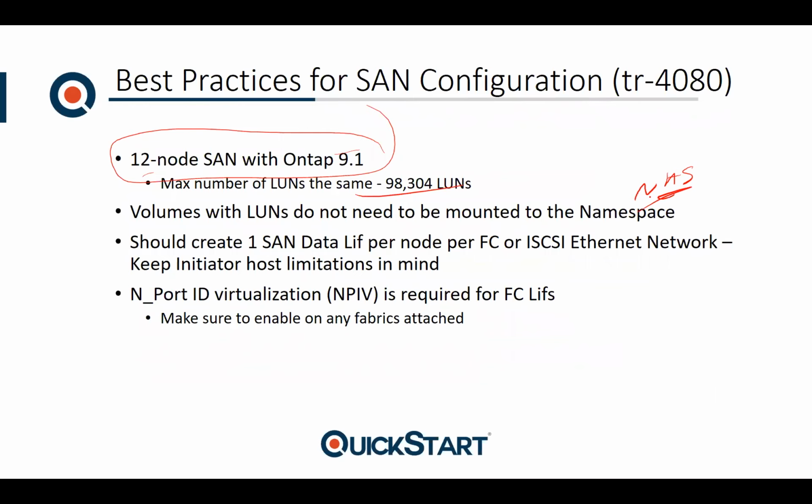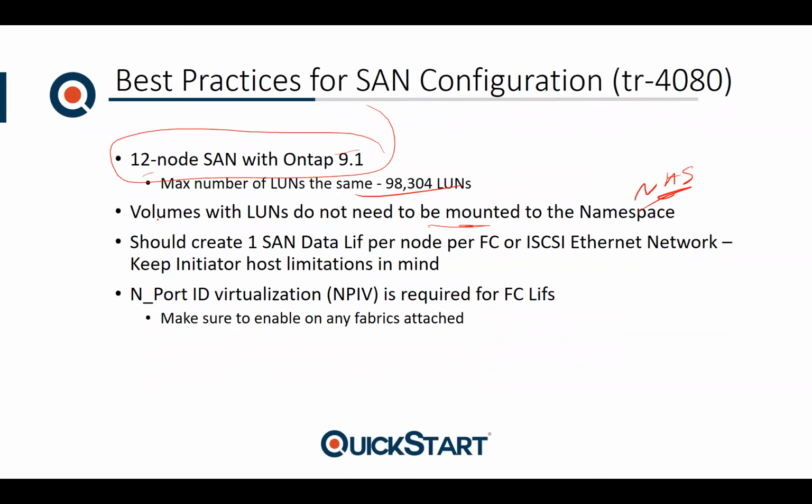And those become the paths that, if I'm to share out that volume or export out the volume, my clients are going to. But for SAN, my clients, those initiators, the hosts out there, they're simply mapping to a LUN. So they don't really care about the volume a whole bunch. So volumes themselves actually don't need to be mounted to the namespace if they contain LUNs.